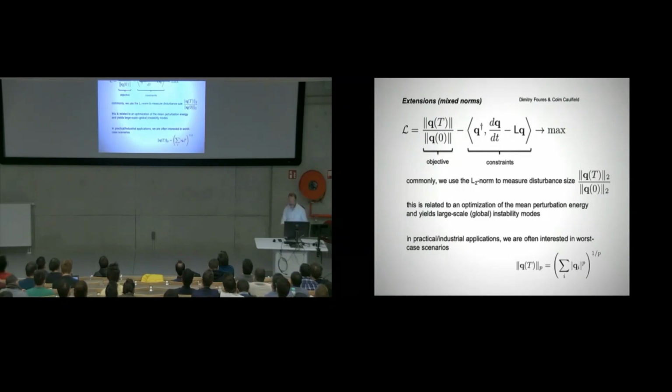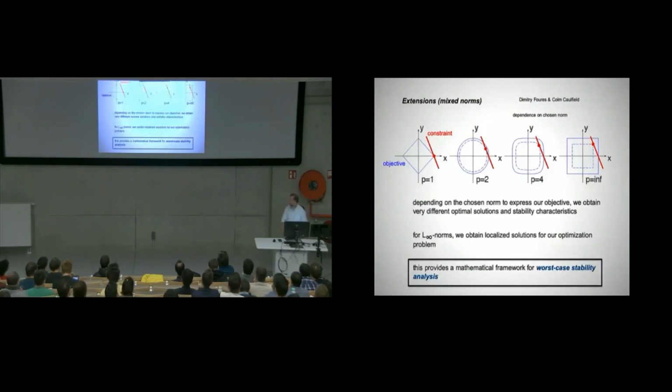Okay? So changing the norm is a big thing because I have a sketch here. So let's say our constraint is somewhere on that line. That means all the solutions that satisfy our equation are on that line. And that line is always the same because the equation is always the same.